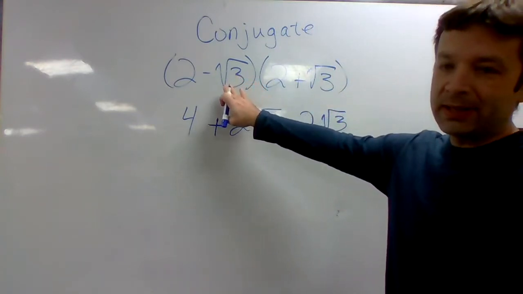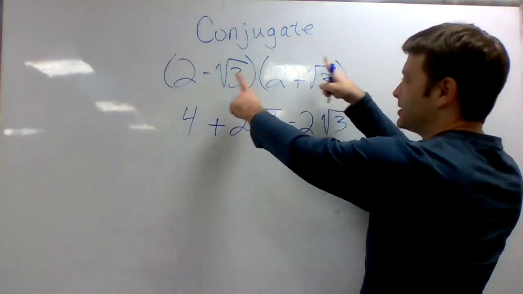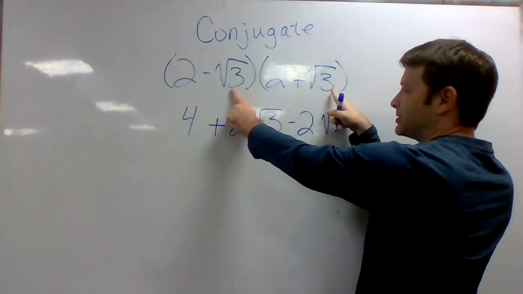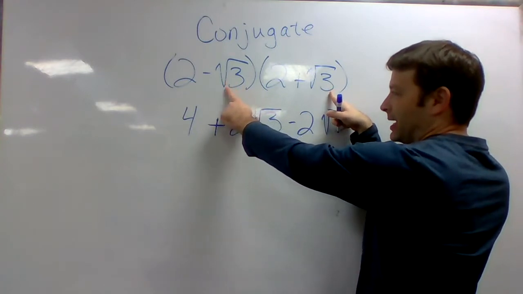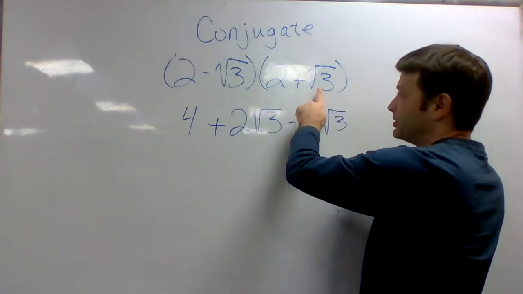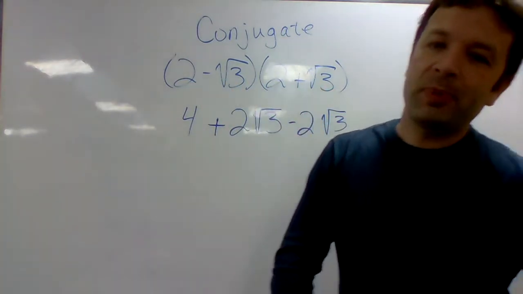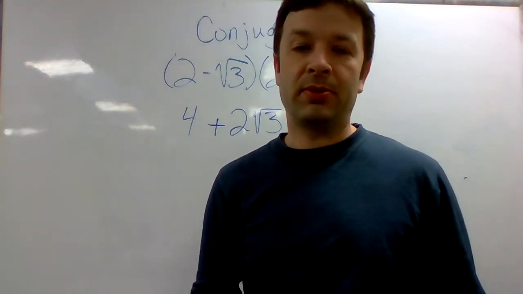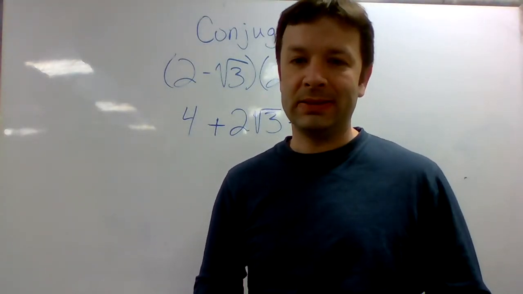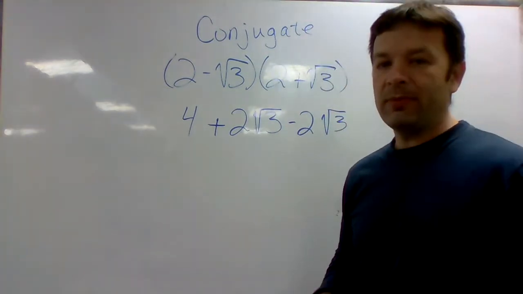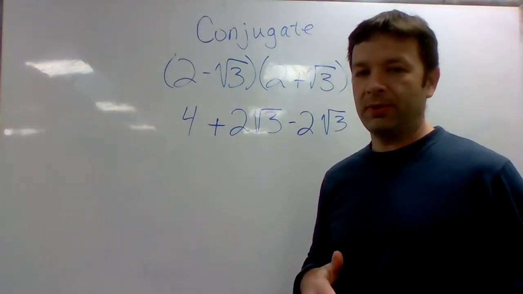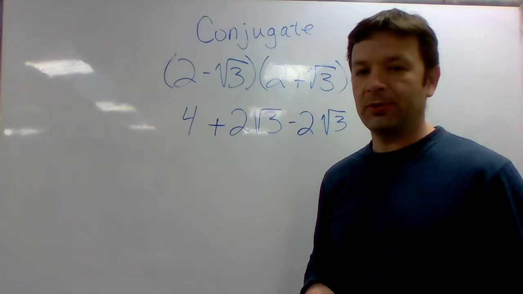Okay, and then last would be the last two in the parentheses, negative square root of 3 times positive square root of 3. Negative times positive is negative. Square root of 3 times square root of 3 is square root of 9, which is just normal 3. Remember, when you square a square root, it just becomes a normal number.